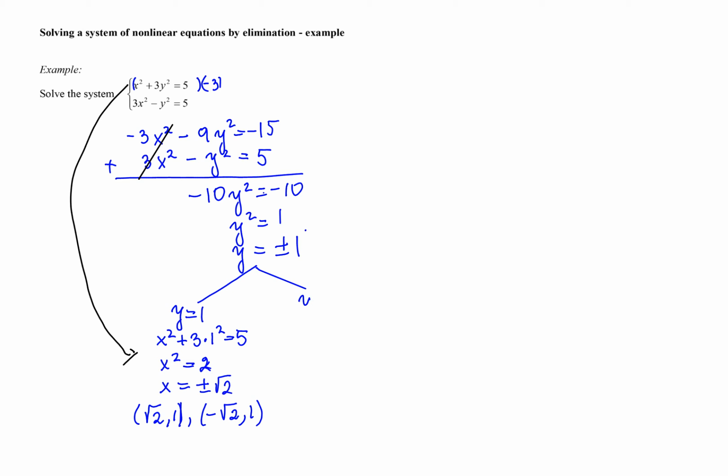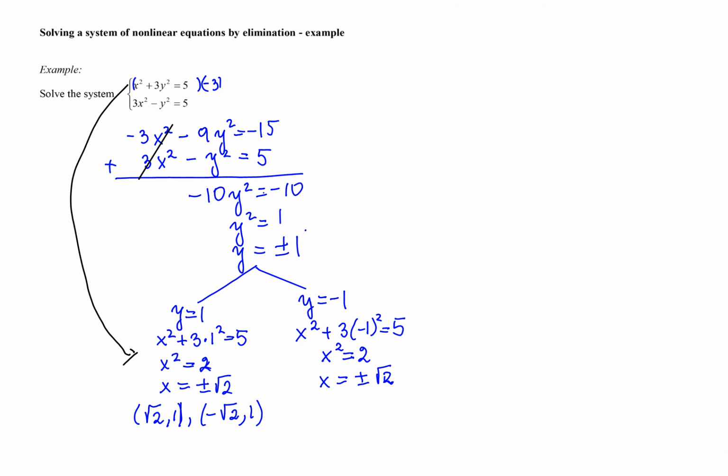The second value of y is y equals -1, and if we use again the first equation, we'll have x squared plus 3 times (-1) squared is equal to 5. But since (-1) squared is 1, we'll get the same equation as in the first case, eventually leading to the solutions x equals plus or minus square root of 2.